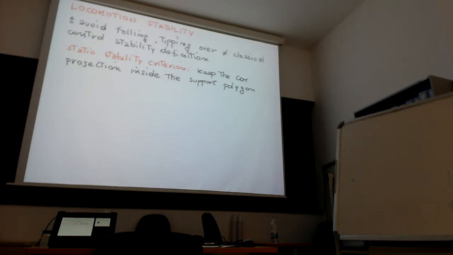When the motions are very slow, that means that you can stop at any moment and not tip over, be in equilibrium, so have the statics satisfied. In general, the static stability criterion is to keep the center of mass projection inside the support polygon. So if you have the stance feet, in the case of a quadruped, if the center of mass is inside this blue area, we are sure that the robot is statically stable.